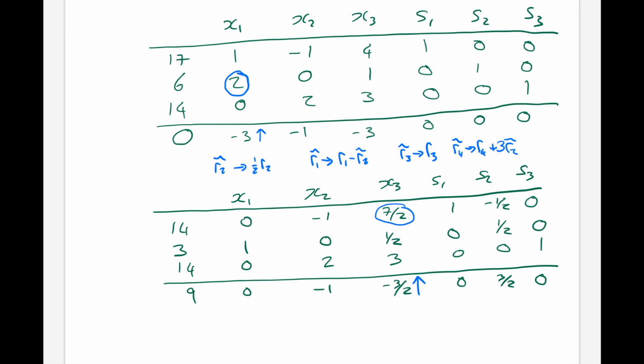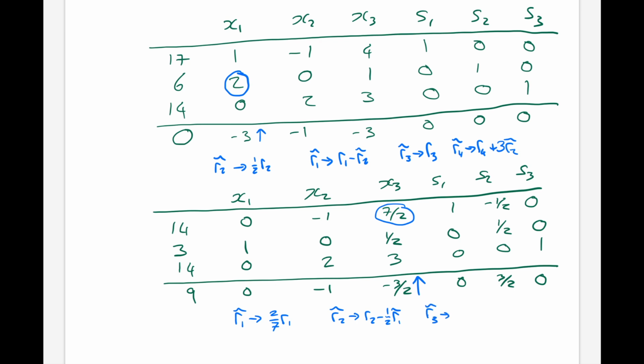Again, we want to choose row operations so that the x3 column becomes 1, 0, 0, 0. So we can choose our new R1 becomes 2 over 7 times our old R1. Our new R2 becomes R2 minus a half our new R1.